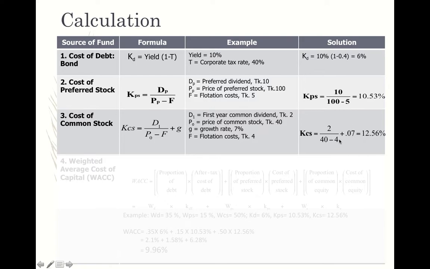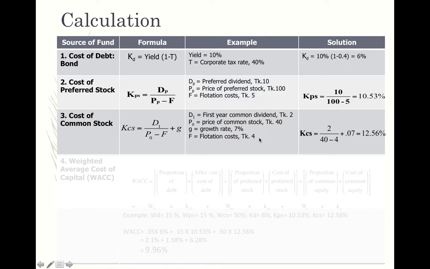So if we do the calculation, ultimately cost of common stock would be 12.56%.